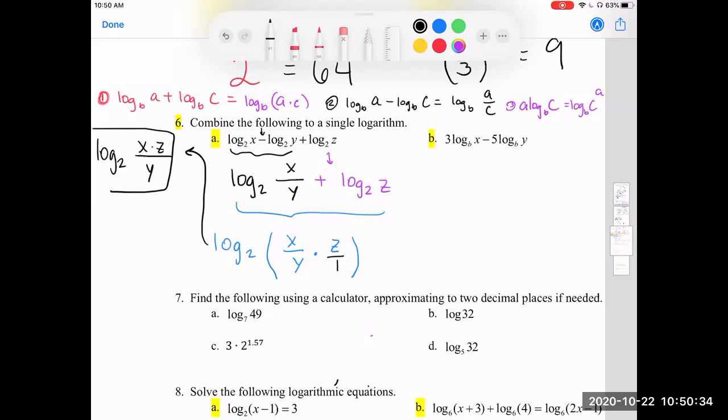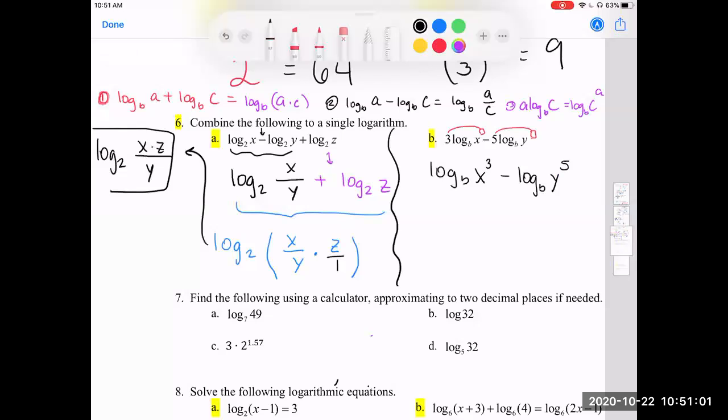Yes, by the third rule, I can change it so that it's now my exponent. I can move the 5 so that it's now the exponent. So that I have log base b of x to the third power minus log base b of y to the fifth power.